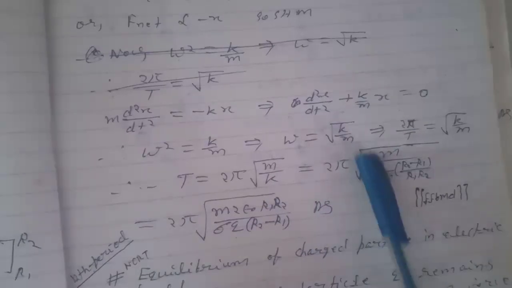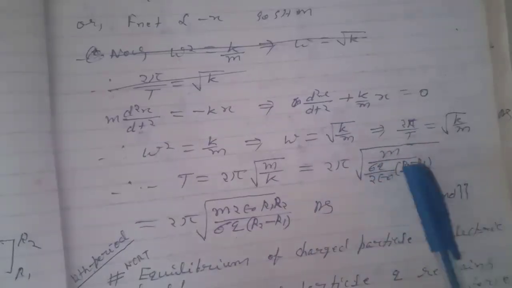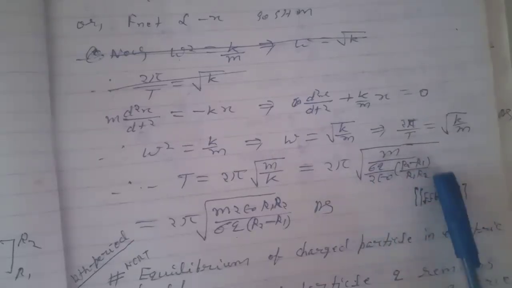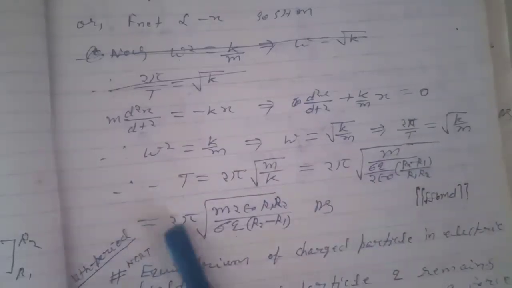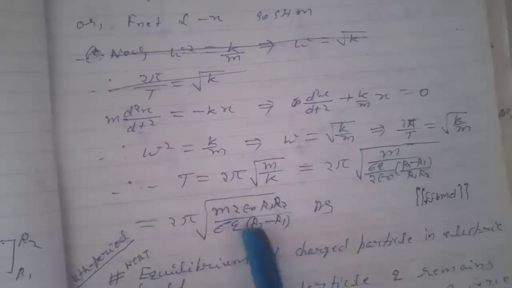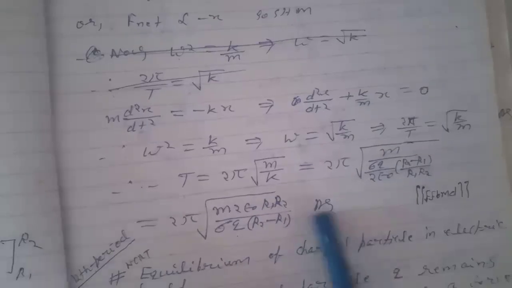So T equals 2 pi under root m by [sigma q by 2 epsilon naught into (r2 minus r1) by r1 r2], or equals 2 pi under root of m into 2 epsilon naught r1 r2 divided by sigma q into (r2 minus r1). Answer.